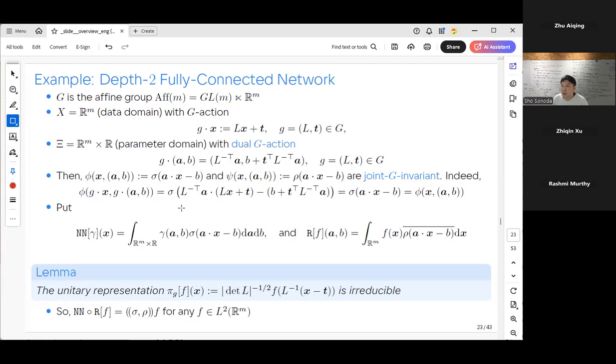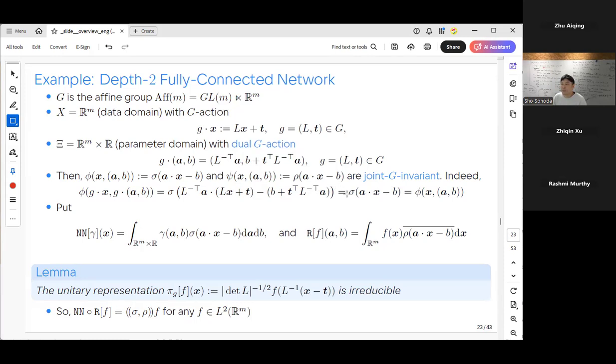On the other hand, a will be translated to L inverse transpose a, and b will be translated to b plus some extra term. So everything looks really weird, but in the end, all the group actions cancel, and a·x minus b is reproduced. And this is the trick. This is the meaning of the dual group action on the parameter domain.